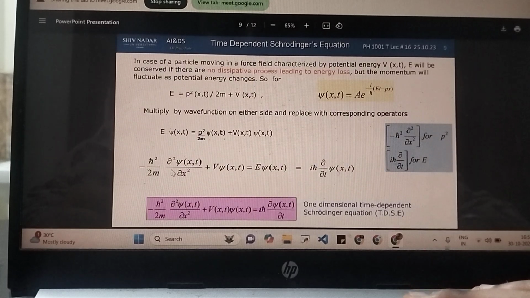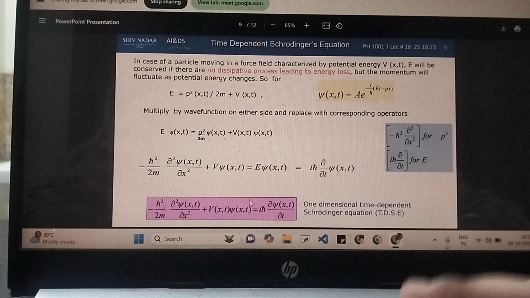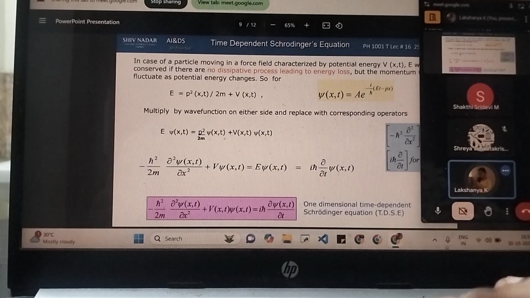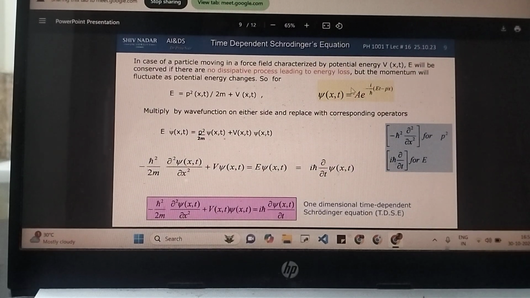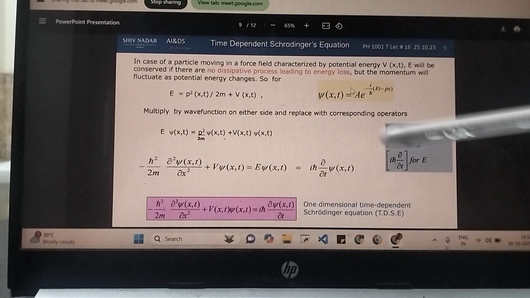So for E psi x comma t and for p squared by 2m, we did the corresponding substitutions, and this is the expression we get. So we took energy equals kinetic plus potential, we multiplied it with psi of x comma t, and wherever it was possible to replace it with an eigen operator, we did the substitution, and we arrived at this equation which is present in the pink box.